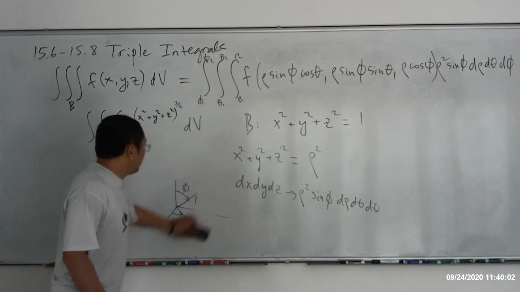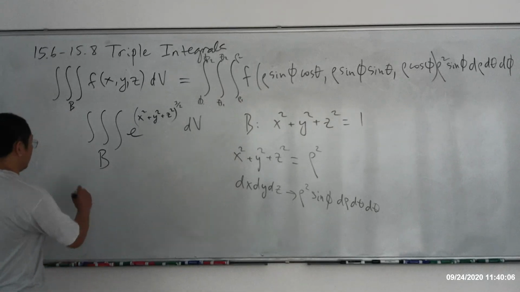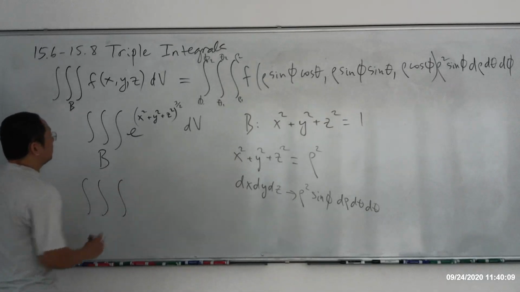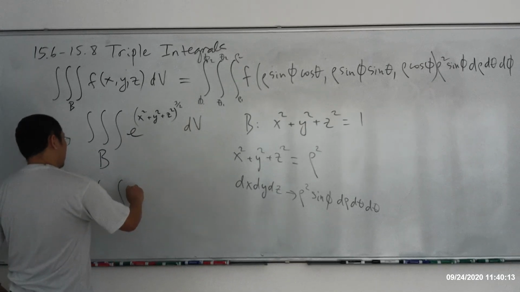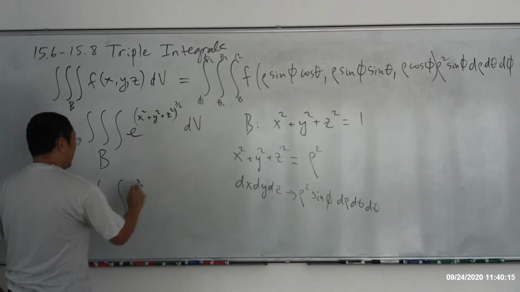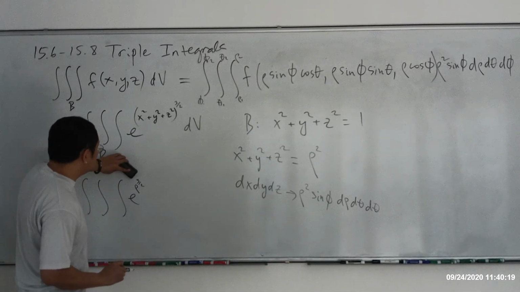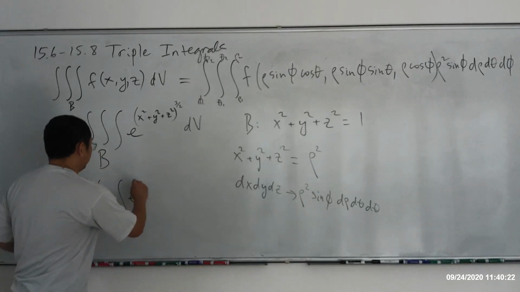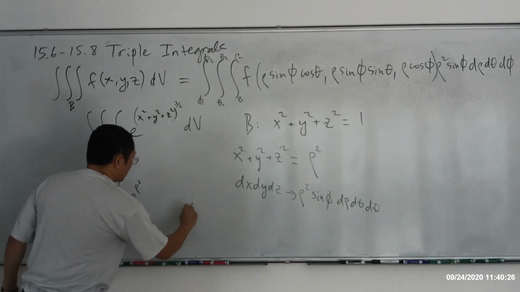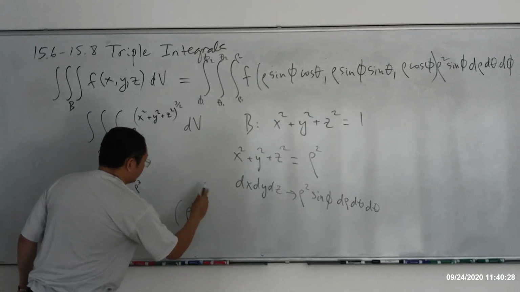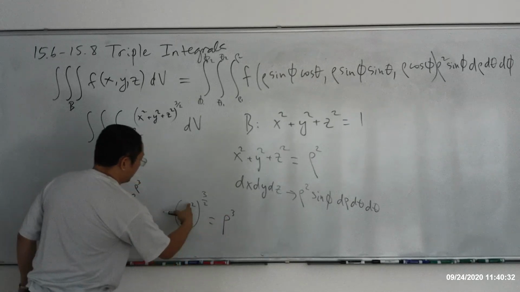All right. So if you convert this into spherical, it's going to be like this: triple integral of e to the power of rho squared to the 3/2. Rho squared raised to the 3/2 is just rho cubed.